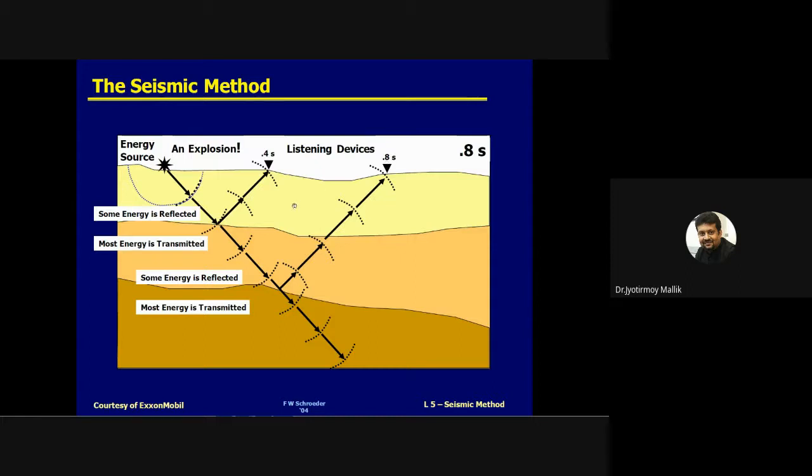Although the velocity is slightly different between the yellow layer and the pink layer, there is a difference in velocity. There is a difference in rho as well, which is the density. But the moral of the story is that although there is a difference in velocity, the ray path is also different.